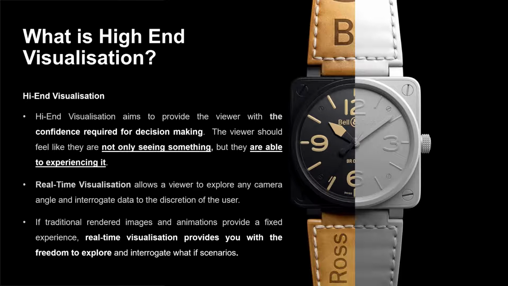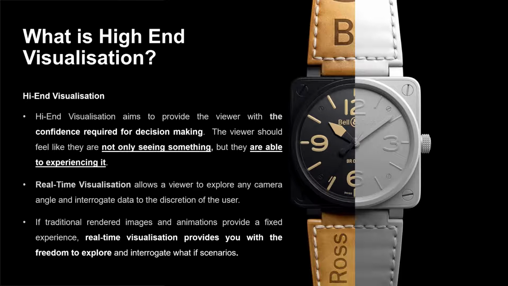And for me, a high-end viz strategy is typically not the quality of the output, but it's a combination of output types. So images and animations are still vital components for a high-end viz strategy, but they provide what we call a fixed scenario asset. They're very difficult to update and they're not very flexible. So now we try to incorporate something called real-time into any viz strategy that we discuss.